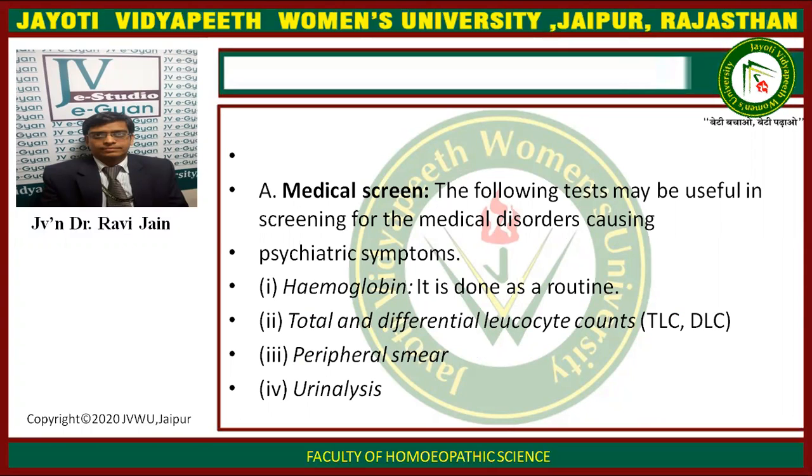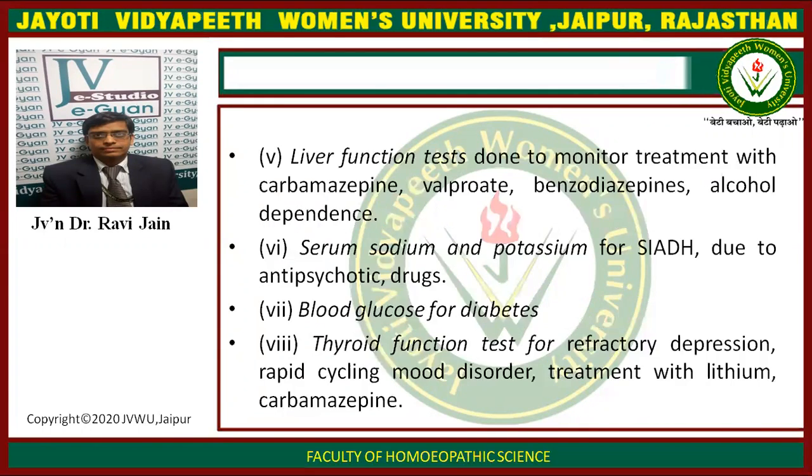Number one is hemoglobin. This is done as a routine. Next is the total and differential leukocyte counts, that is TLC and DLC. We can take the peripheral smear and do the urine analysis. Various liver function tests are done to monitor the treatment with carbamazepine, valproate, benzodiazepine, and alcohol dependence.